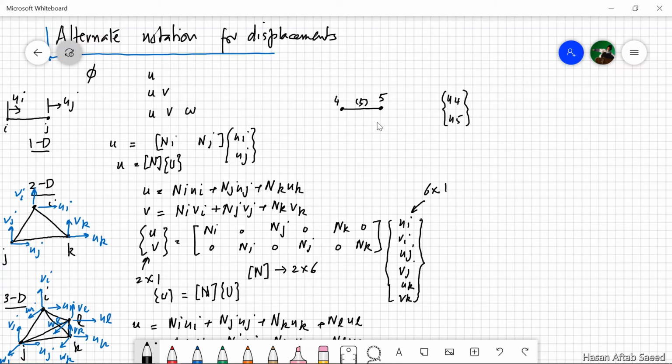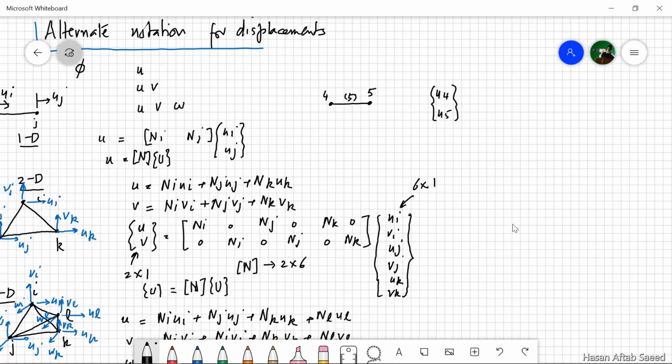Because in 1D systems, there is just one degree of freedom of interest, and that is U. There is one-to-one correspondence between the node number and the degree of freedom. Node number 4, degree of freedom number 4, that's U4. Node number 5, degree of freedom number 5, U5. Very simple in 1D problems. Now, problem starts when we deal with 2D and 3D problems.